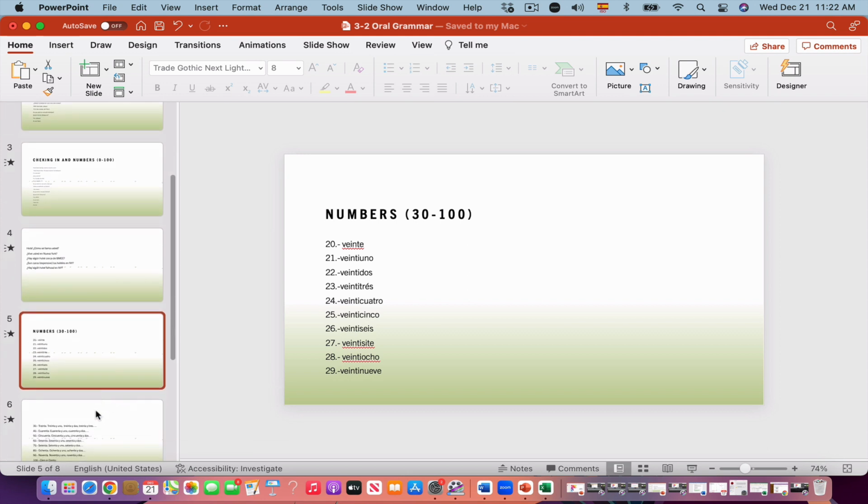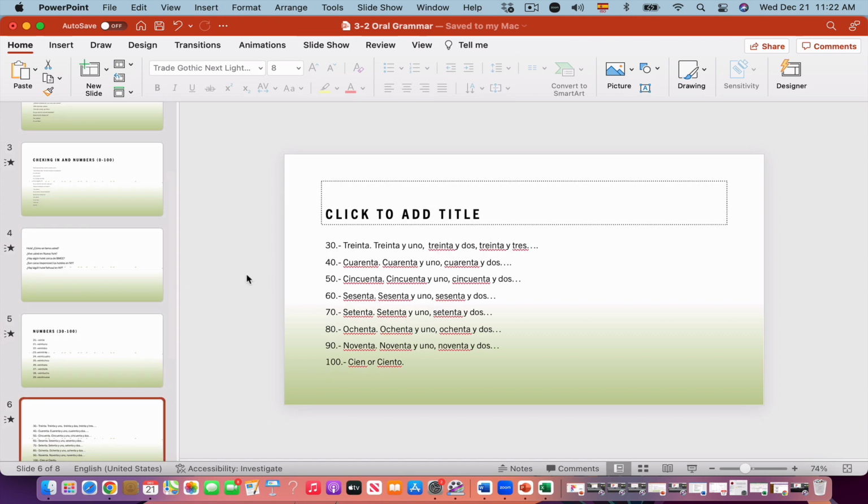Okay? Now, what you do basically is using the same system after 20, after 30, okay? So the only difference is that we keep doing that. We keep adding 20 or 30 or 40 or 60, and then we say 1, 2, 3. So 30 and 1, 30 and 2, 30 and 3, and so on.